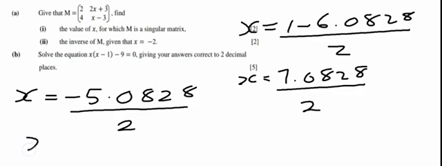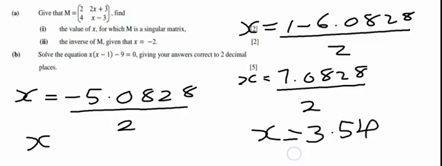So let's find the value of x now. So 2 into 7.0828, the answer is going to be positive 3.54, which is to 2 decimal places, right?